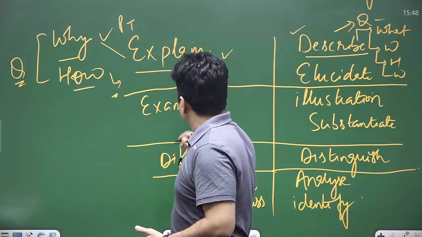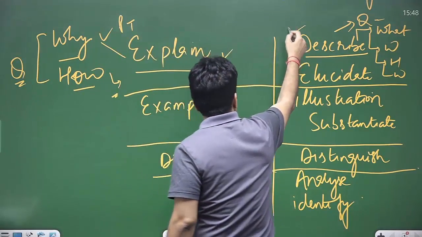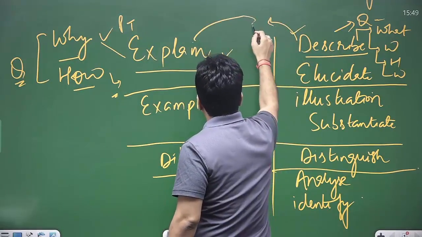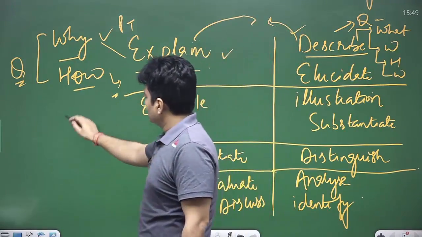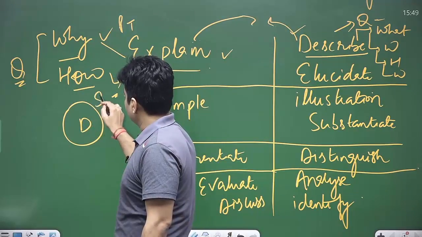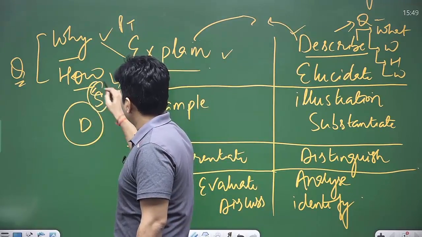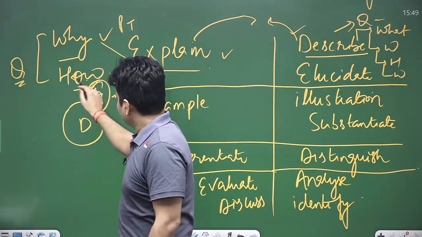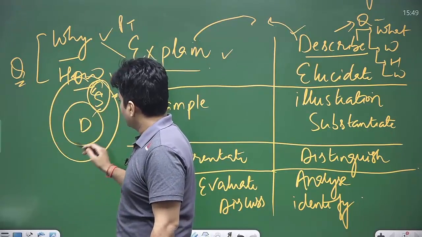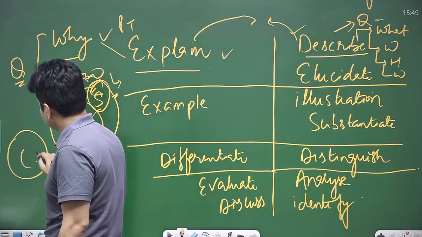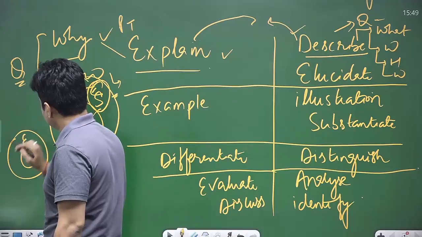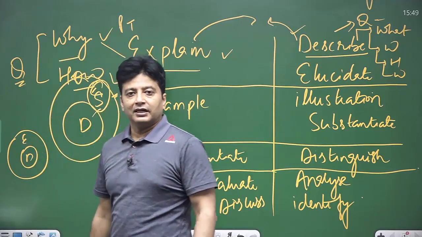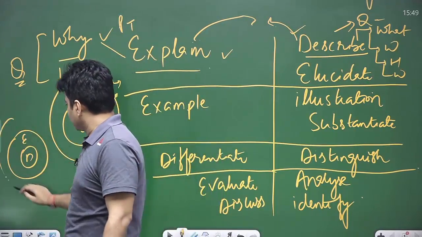So if we say that description is a subset, explanation is a superset. So description is found within explanation. I can write it like this: this is description and this is explanation. And elucidate is furthermore.